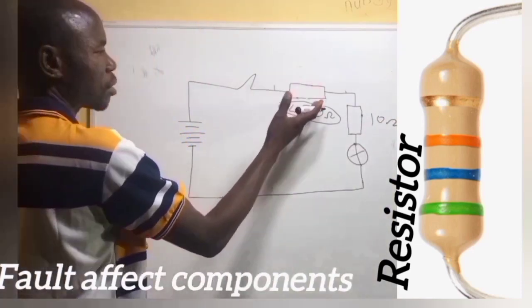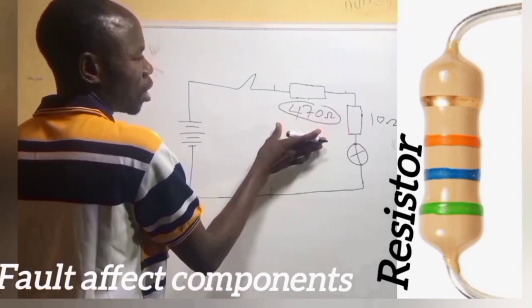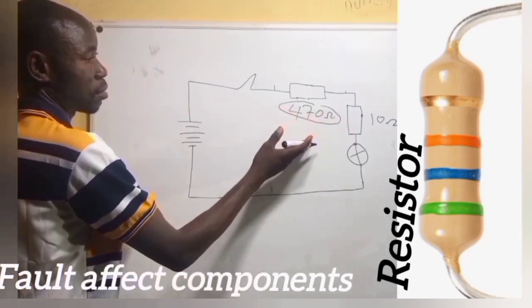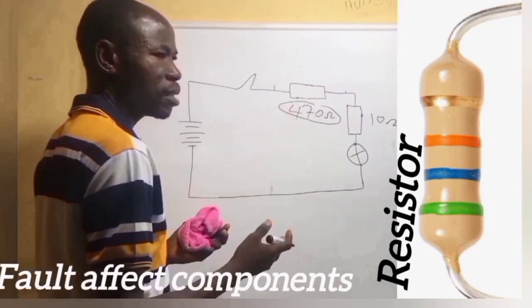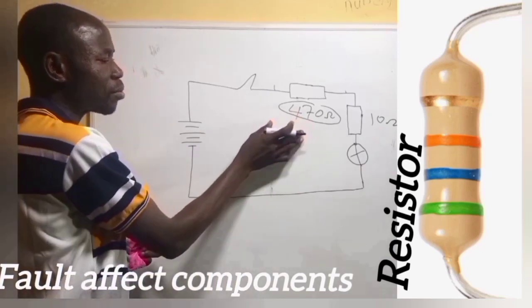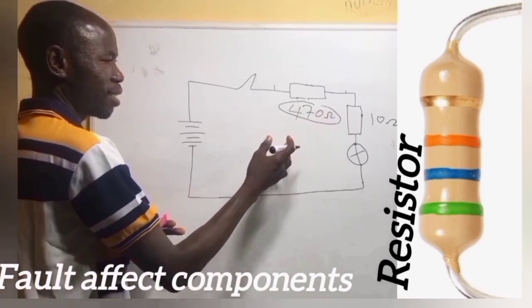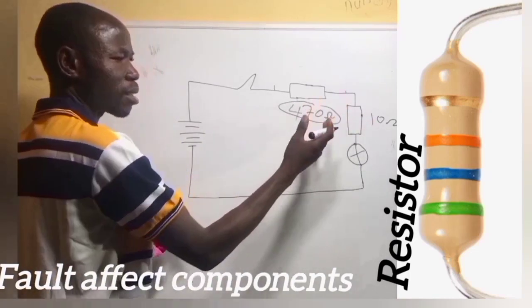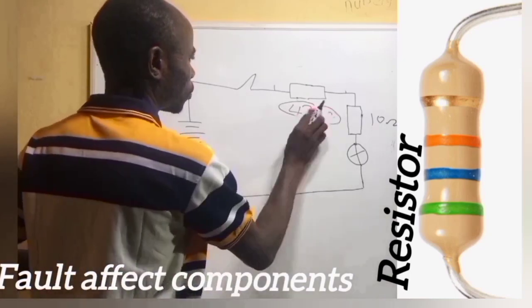So when the resistor becomes faulty, it can read a higher resistance, like putting another resistor in series. It means that the resistor is faulty. You are not getting the actual resistance, which is 470 ohms. Rather, the resistance has increased.